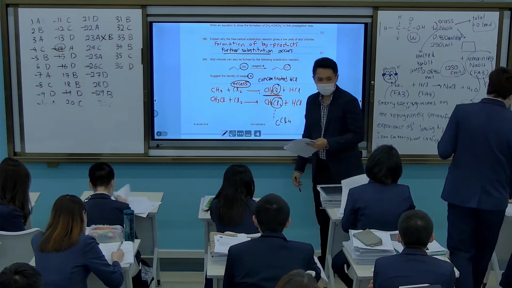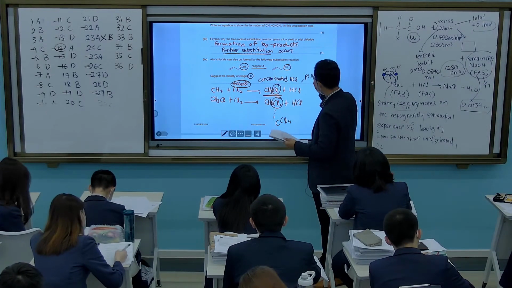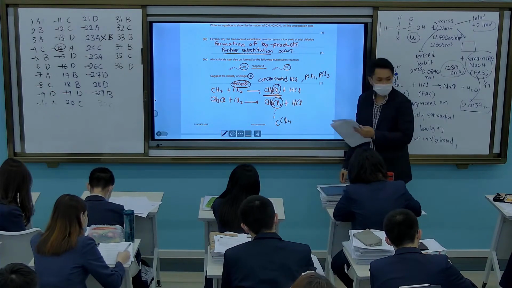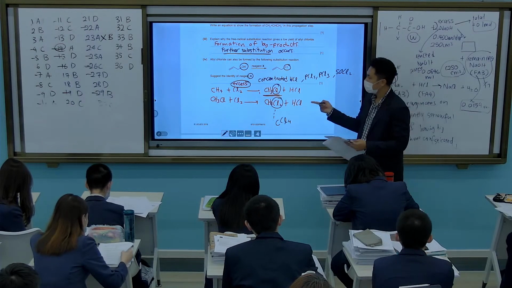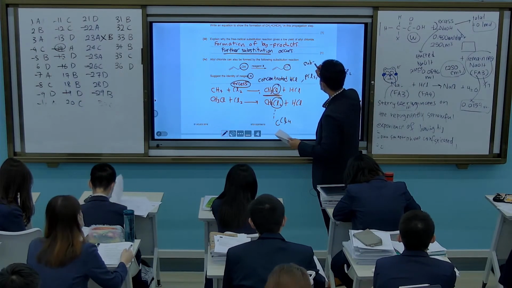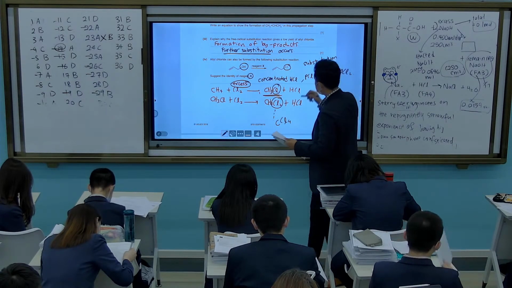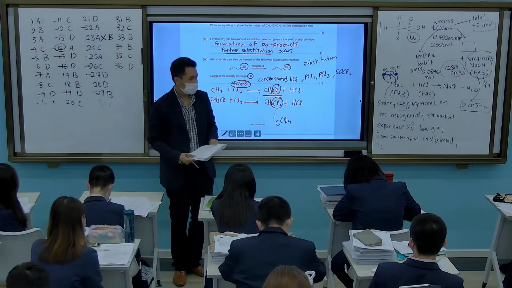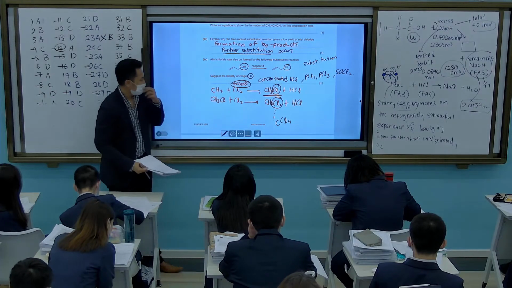You can also write PCl5, PCl3, SOCl2, all these. So remember what is the name of this reaction? It's called a substitution. But is it a free radical substitution? It's not, right? So make sure you know the difference between these two substitutions.